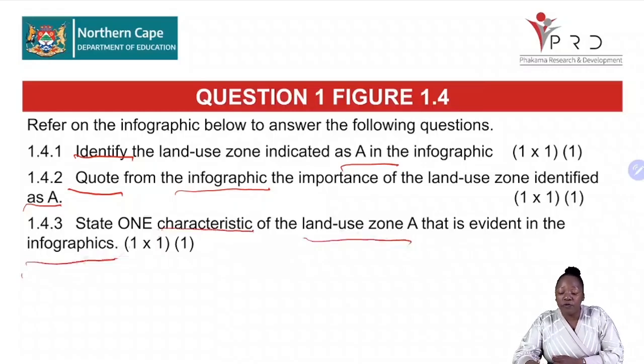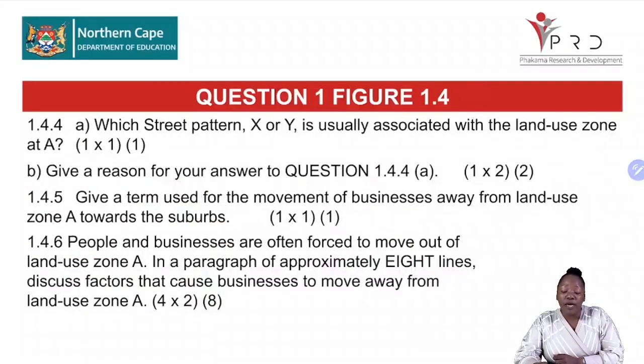Then let us move to the next questions, 1.4.4 to 1.4.6. Question 1.4.4 has two parts, A and B. Which street pattern, is it X or Y, is usually associated with the land use zone at A?